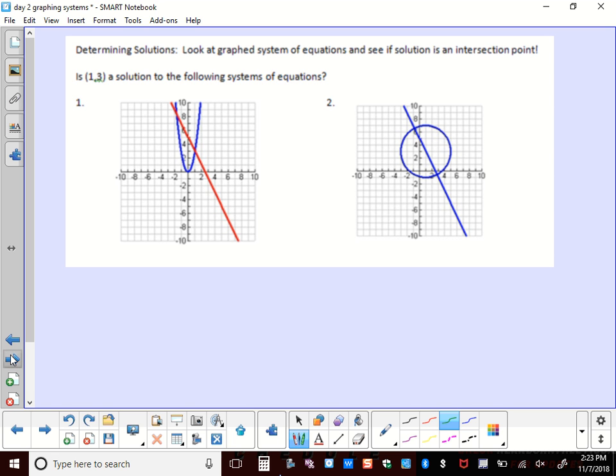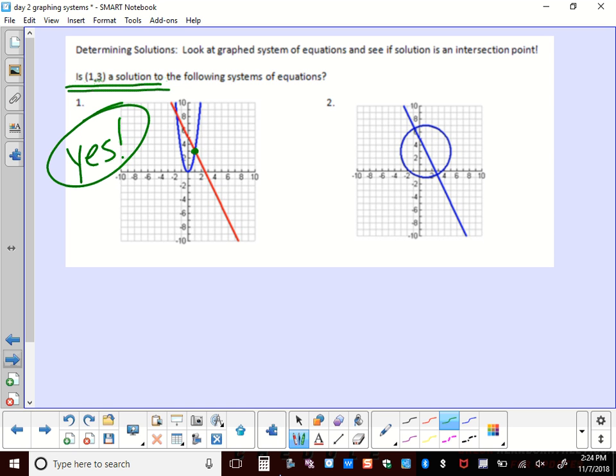All right, so my directions say, is 1, 3 a solution? So I'm looking at 1, 3. Is that a solution? Yes, it is. I can tell it's a solution because my line and my parabola are crossing. There's an intersection.